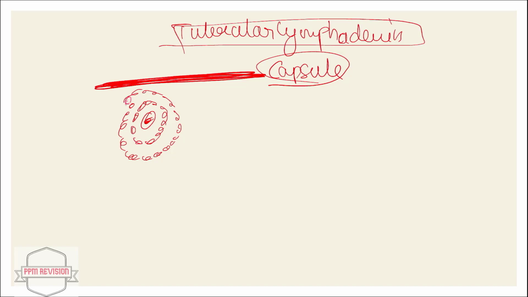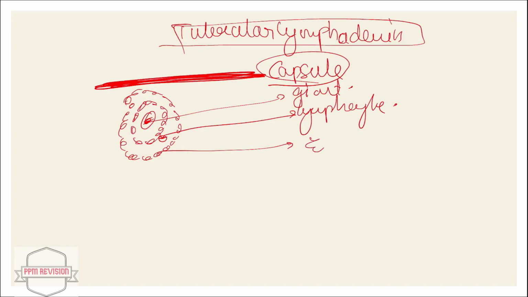So here also we have the presence of the lymphocyte, the giant cell, and the epithelial cell. Okay, so this is done, and the capsule is present.